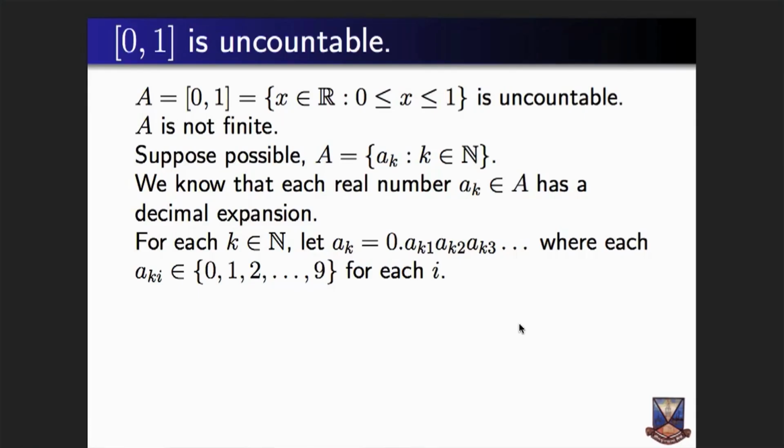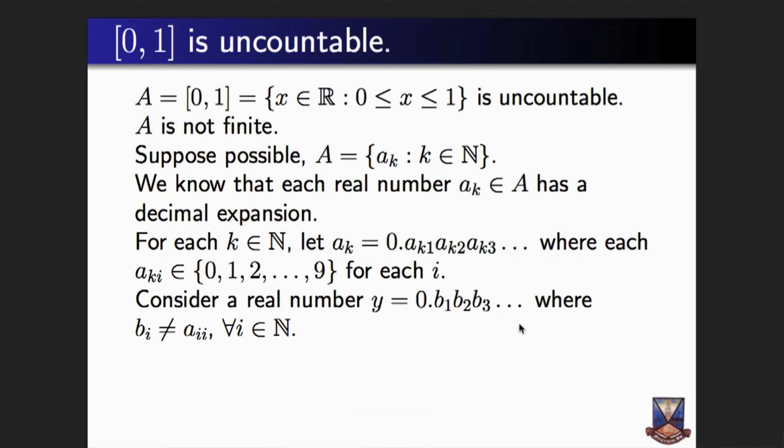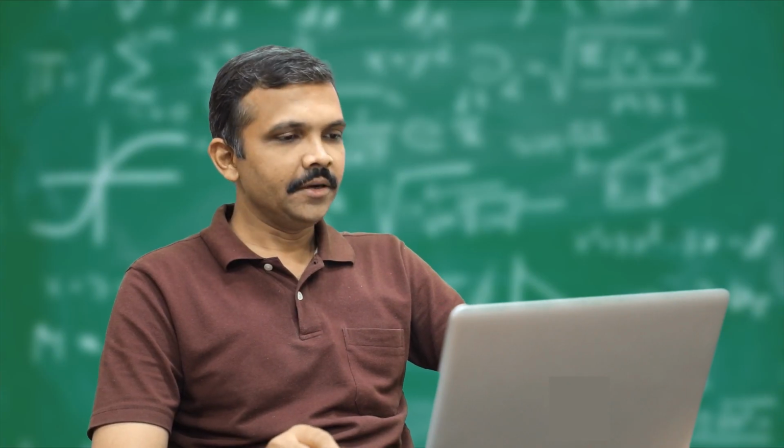Now what we are going to do is construct a new real number, say y equal to 0 point b1, b2, b3 and so on, where b_i, the ith digit after the decimal point, is not equal to a_ii. So this is how we are constructing it.